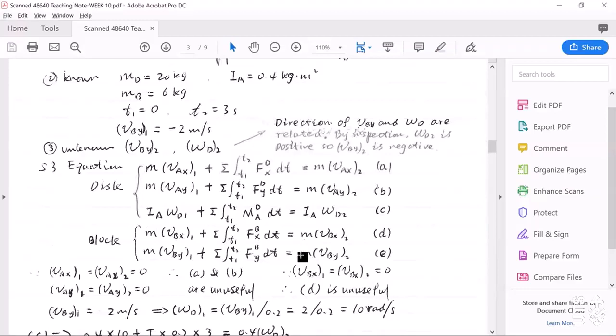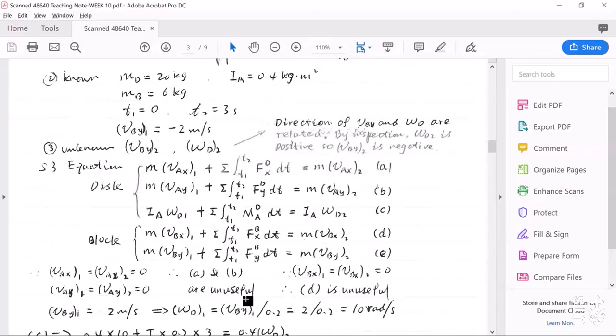Now look at equation A and equation B. Initially VAX and VAY must be 0 because A is the fixed axis through point, so at this point the velocity must be 0. If we substitute this into equation A and equation B, you will find they are not useful.